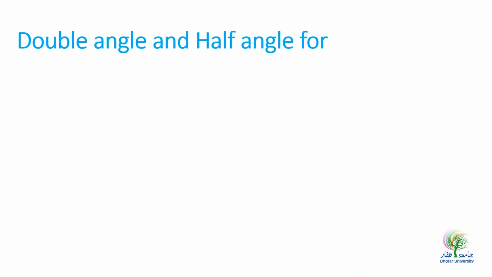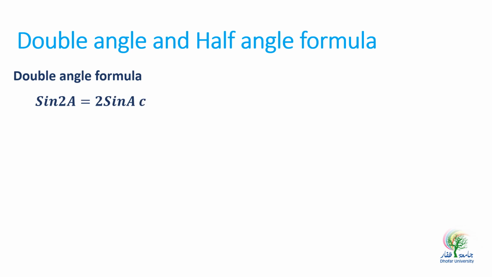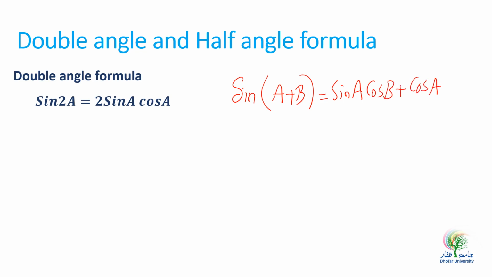Now we study double angle and half angle formulas. So the double angle formula, sine 2a equals 2 sine a cosine a. Here I'll tell you, you know the formula sine(a plus b) is sine a cosine b plus cosine a sine b.